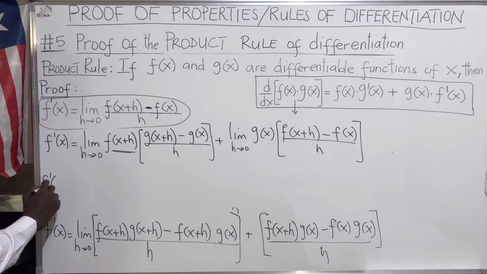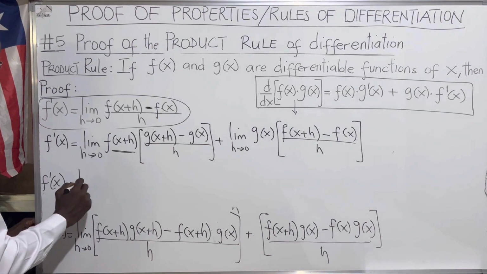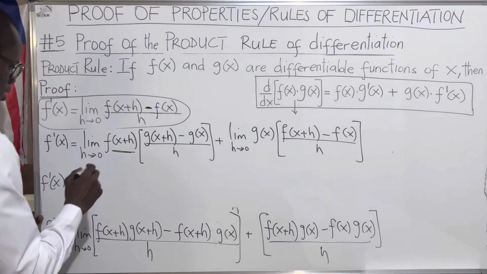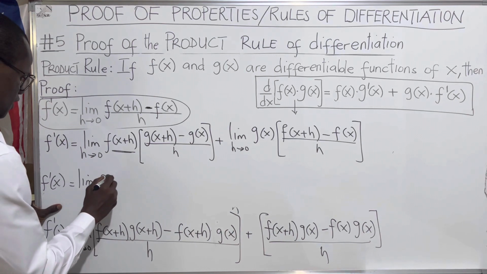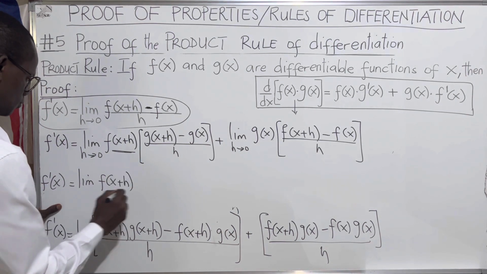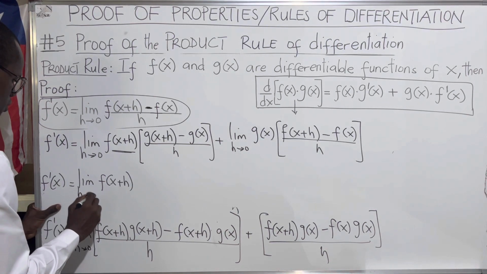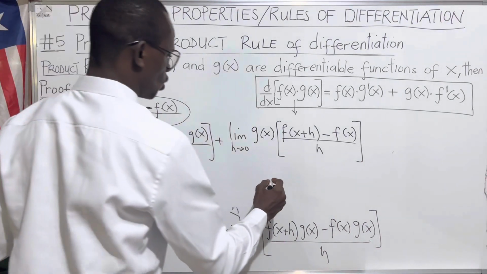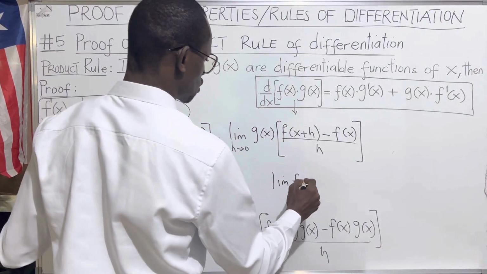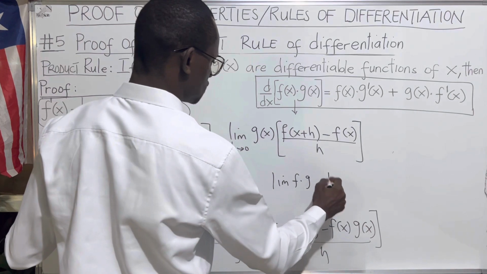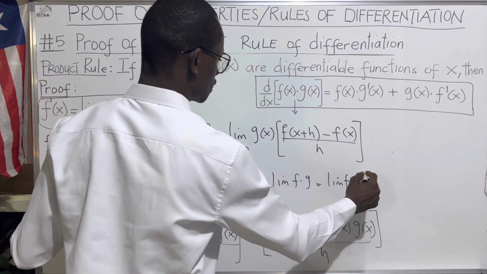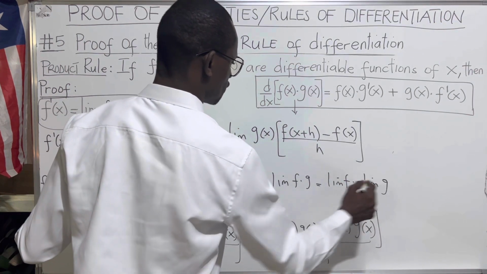So if I further simplify it, I will have the limit of this first factor, f of x plus h, as h approaches 0. Note that the limit of one function times another function is equal to the limit of that function times the limit of the other function, right?